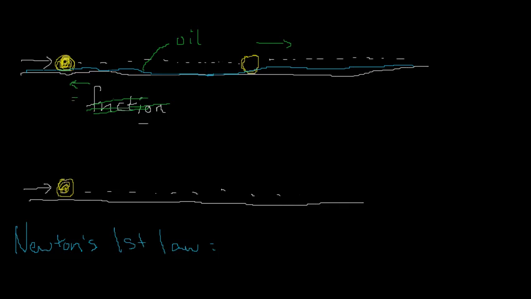Basically, it says that an object or a body will just keep going in a straight line and at the same speed. A body will move at the same speed and direction.